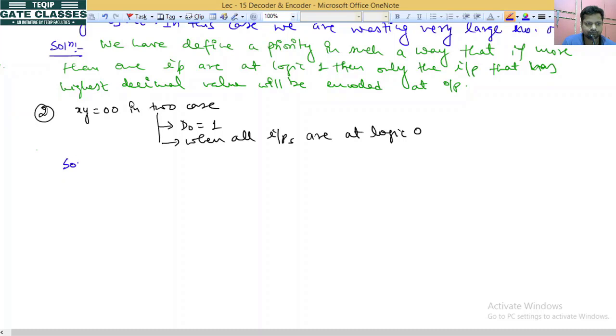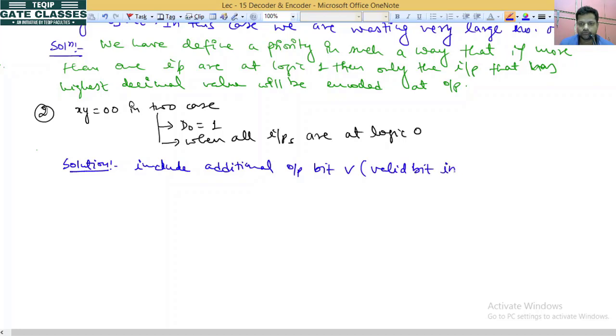The solution for this problem is we have to include an additional output bit, that is V. Okay, na? It is a valid bit indicator.